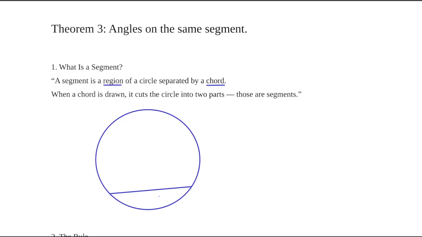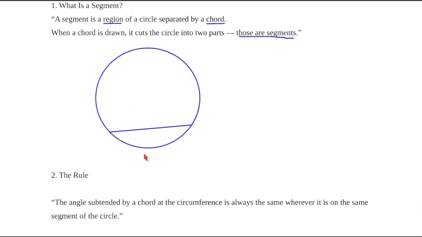The two parts formed by dividing the circle using the chord are called segments. So basically that's the segment.